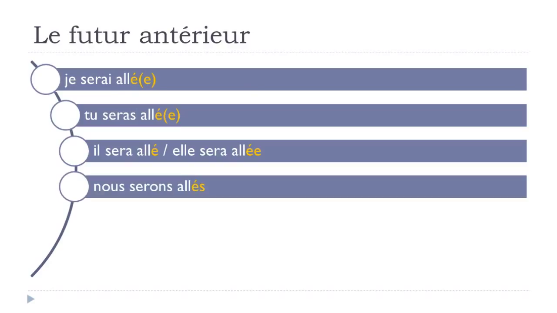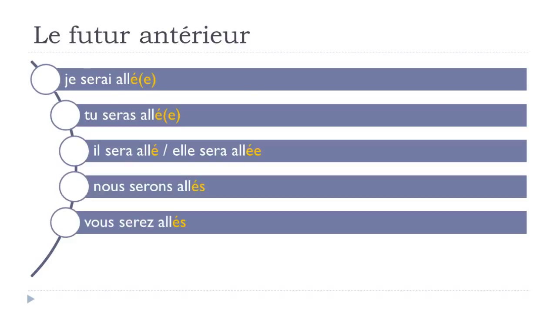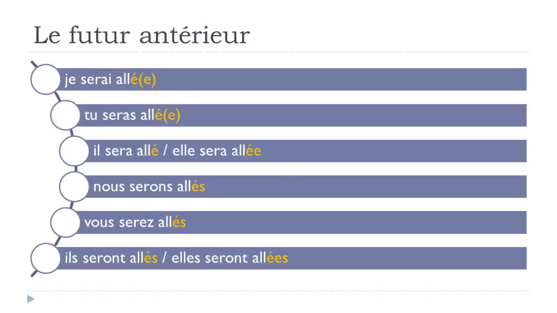Nous serons allés, vous serez allés. Ils seront allés, elles seront allées. Okay, so one more time. Je serai allé, tu seras allé, il sera allé, elle sera allée. Nous serons allés, vous serez allés, ils seront allés, elles seront allées.